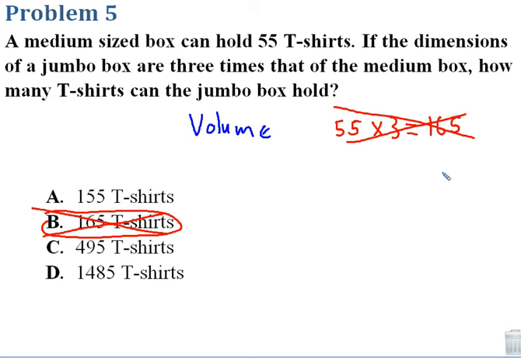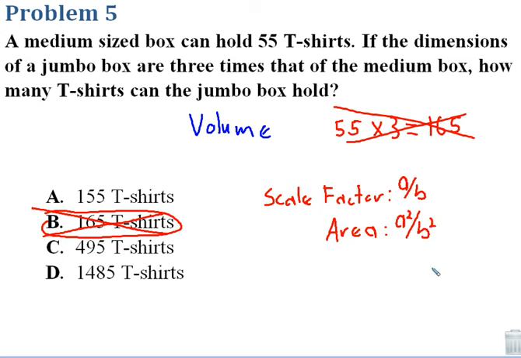Okay, remember, just like with areas, our scale factors are different for volumes. So if I have the scale factor of the sides, okay, and let's say that scale factor is A divided by B. The scale factor for the area, so if we want to find the surface area, would be A squared over B squared.